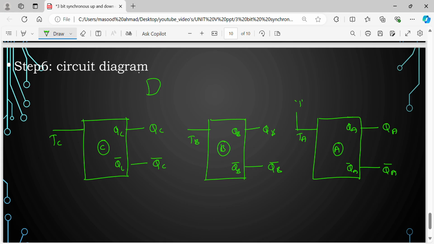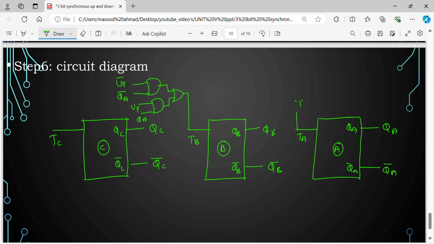I use 2 AND gates: one input is up bar, QA bar, and the other is up, QA. From these two, I'll give it to an OR gate, and whatever output I get, I'll connect it to T.